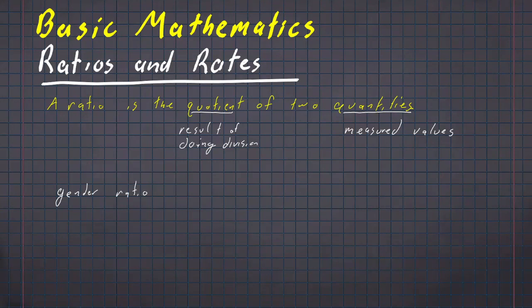For example, one thing that we track in our incoming classes here at the college is the gender ratio. The number of men who register for classes divided by the number of women.